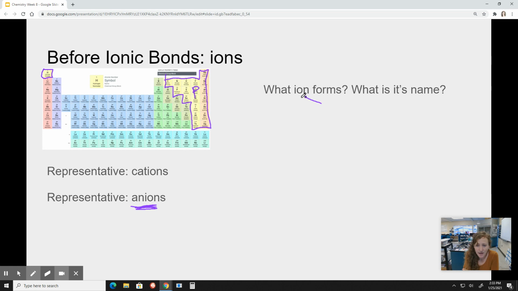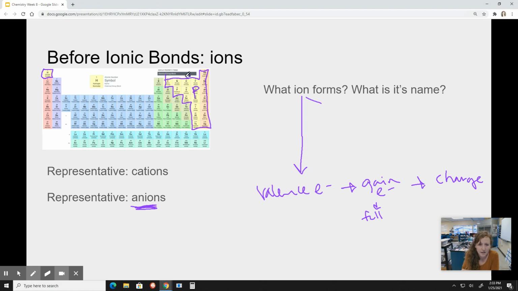Again, when we talk about the ion, these are going to have the exact same process. So you're going to have to determine the valence electrons. All the nonmetals are going to gain electrons in order to have full valence shells. And the number of electrons that they gain will be equal to their charge.